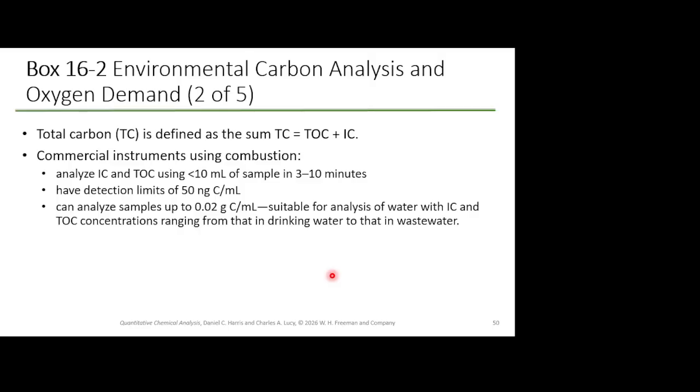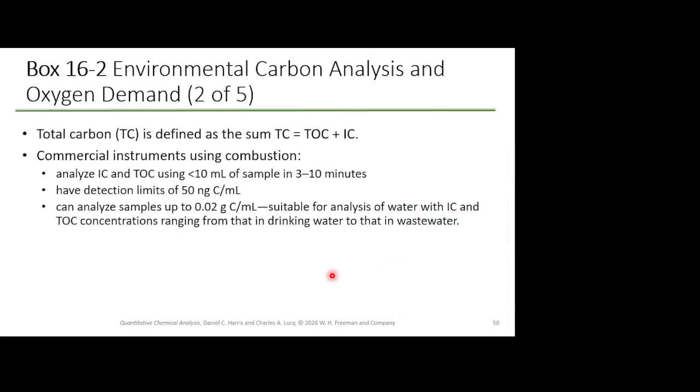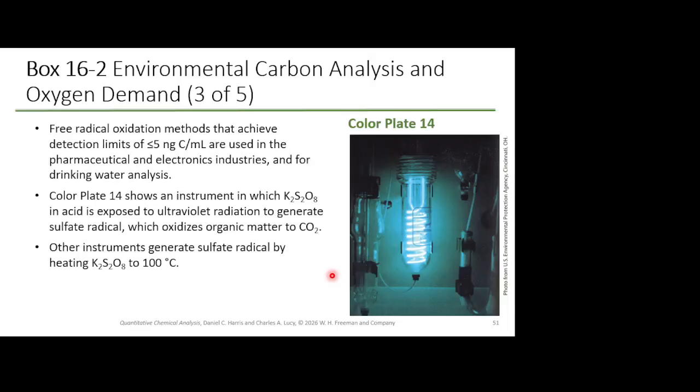These can analyze samples that are up to 0.02 grams of carbon per milliliter. Suitable for analysis of water for IC and TOC ranging in the drinking water, wastewater, that sort of thing. Okay. If you have like sludge, plant matter, that sort of stuff, this is not going to be suitable as is. You would have to do some pre-treatment.